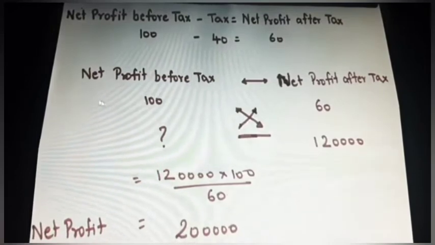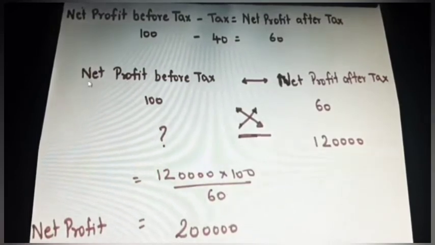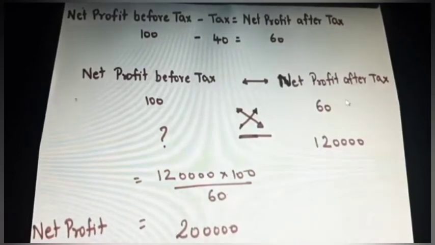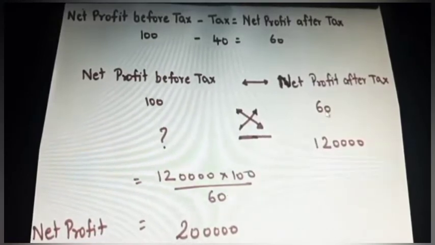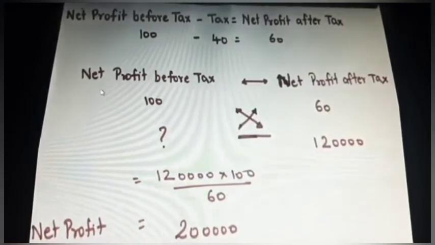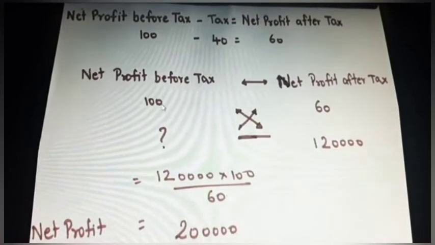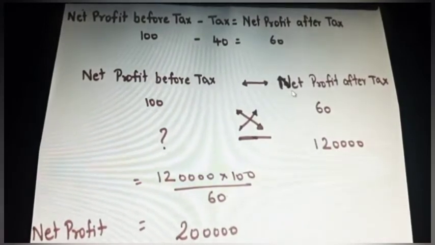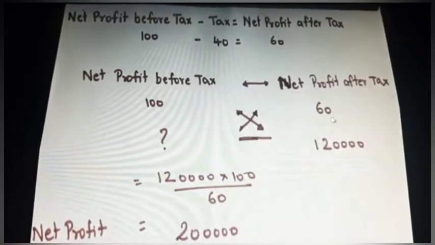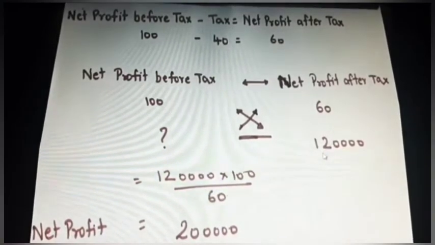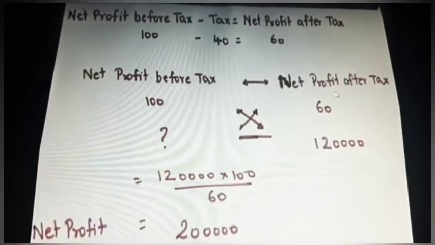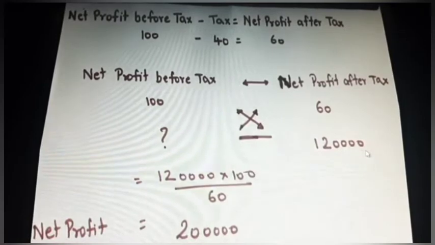Now let us put it in an equation. Net profit before tax is 100, and at that time net profit after tax is 60. After paying 40 rupees as tax, you got net profit after tax 60. It is given in the question that net profit after tax is 1,20,000.